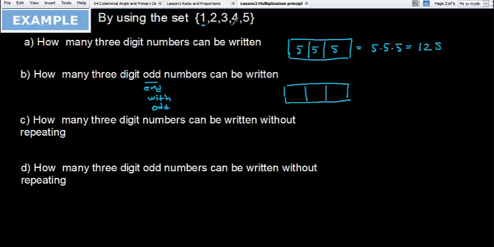It will end by 1, 3 or 5. So it is going to be 5 times 5 times 3, which is equal to 75.